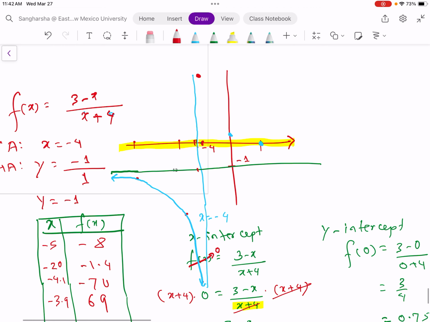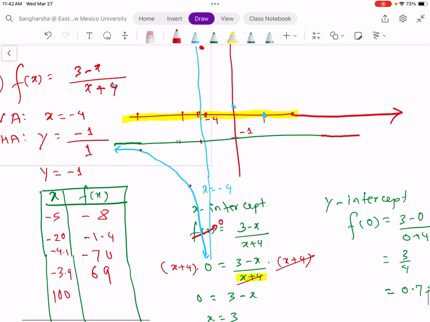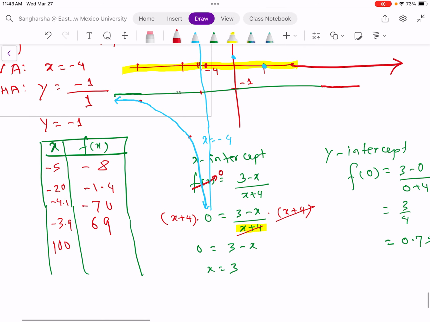Now let's choose a very big number, like 100. If we choose 100 for x, so 3 minus 100, that is negative 97, divided by 104. Negative 97 divided by 100 is negative 0.97.